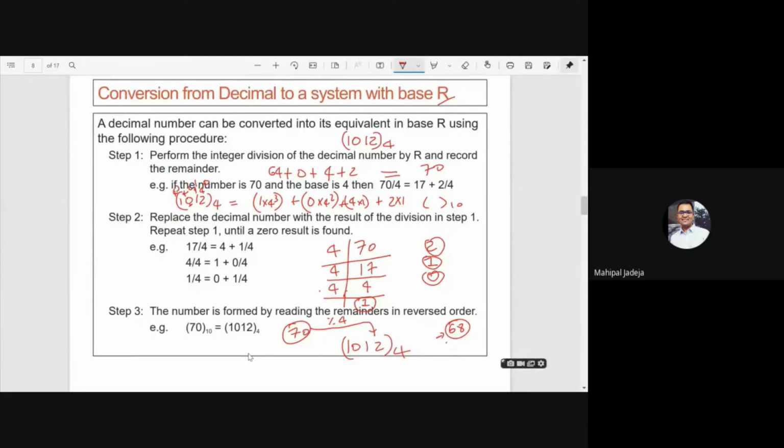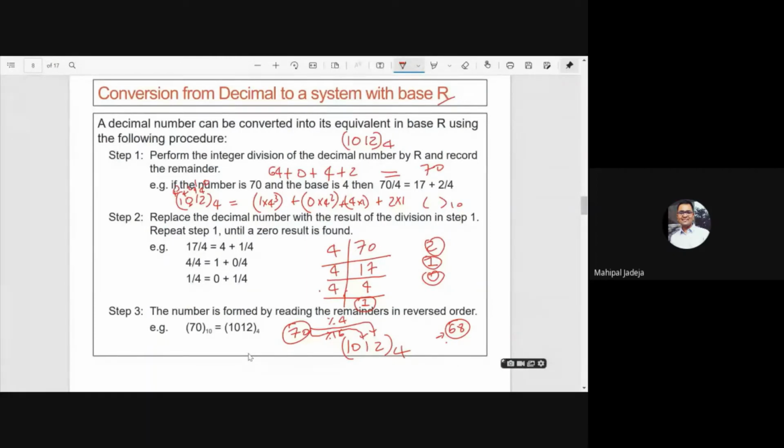So what I will do in the next step, I will perform modulo 16 with the remaining number. Since I'm going left side, the power of 4 will increase. So if I perform modulo 16, then 16 times 4 is nothing but 64, and the remainder will be 4, right?